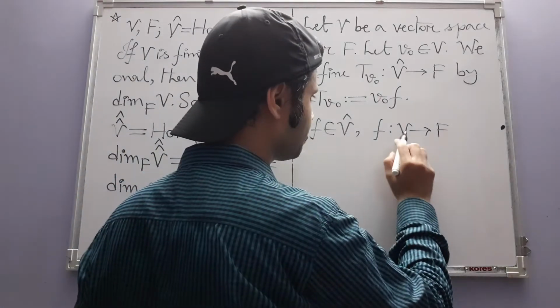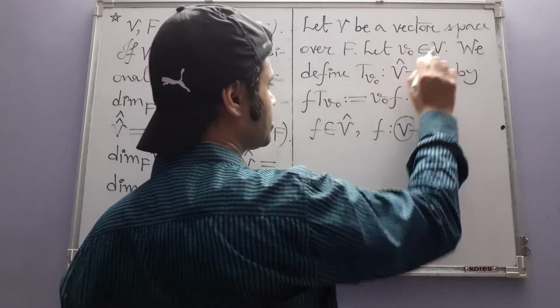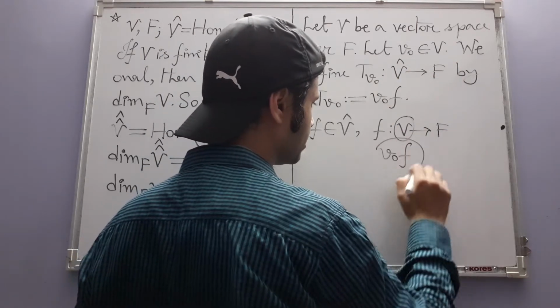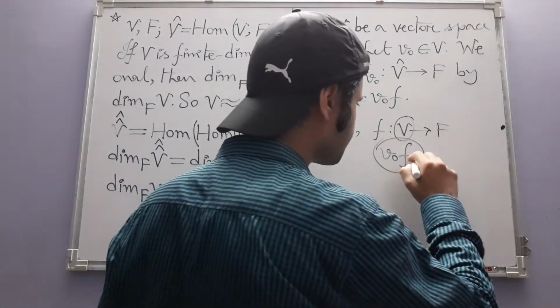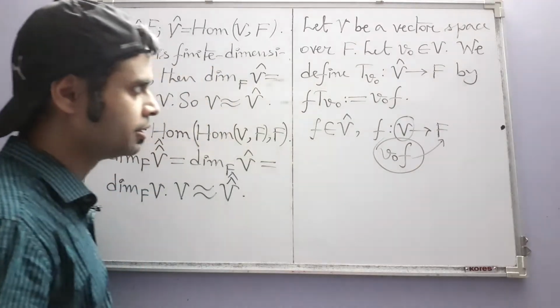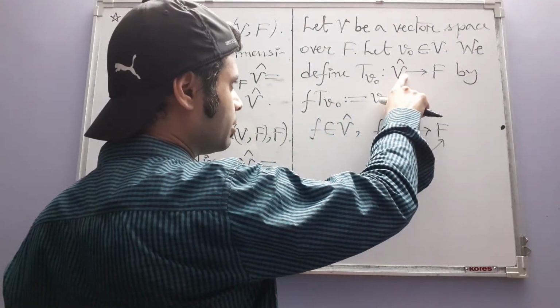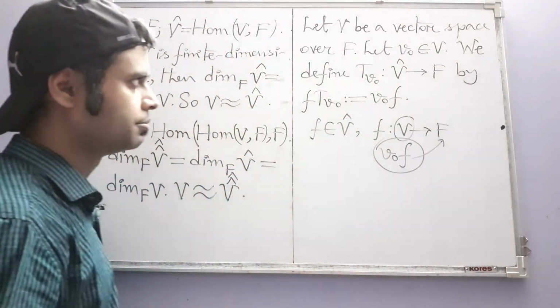But after all, it's a function with domain V. So because our v naught is coming from V, we can consider the image of v naught under f, and that image of course is going to be a field element. So one linear functional leads us to one field element.